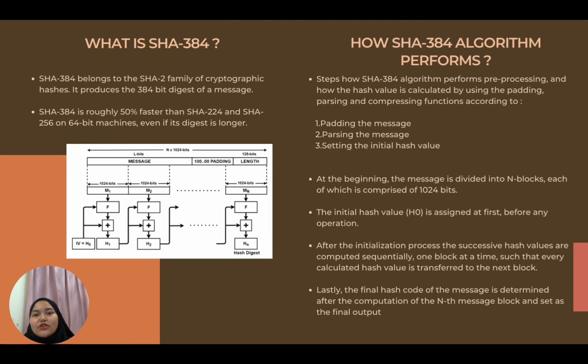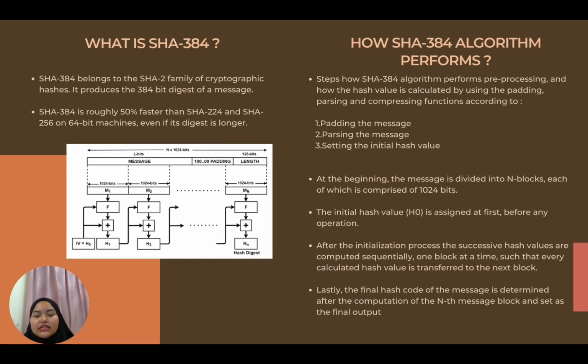This diagram depicts an overview of the SHA-384 algorithm flow. At the beginning, the message is divided into n blocks, each of which is comprised of 1024 bits. The initial hash value, H0, is assigned first, before any operation.